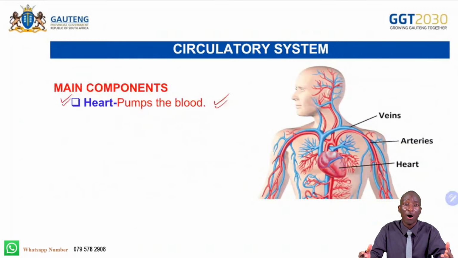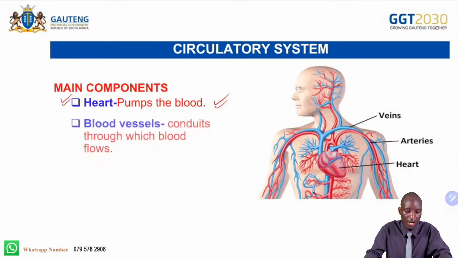Our body should receive enough supply of blood, and for that to happen, our hearts should be able to function properly, so that they pump enough blood to all of our body parts. So the first main component, the heart, has the function of pumping the blood throughout our bodies.